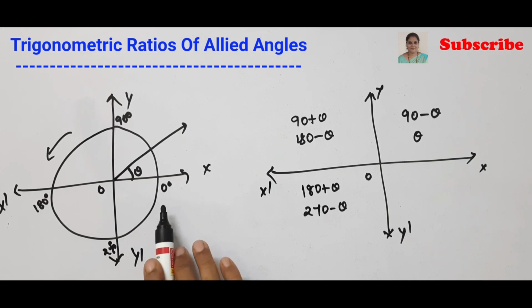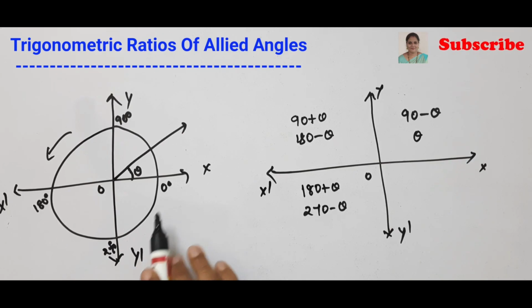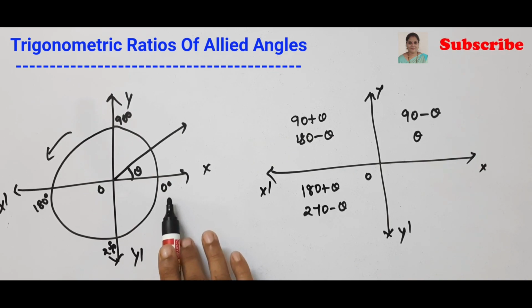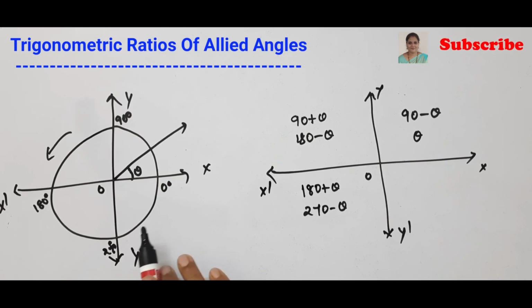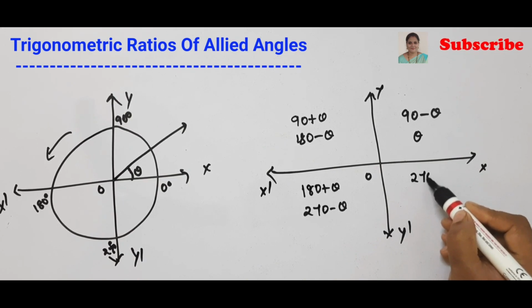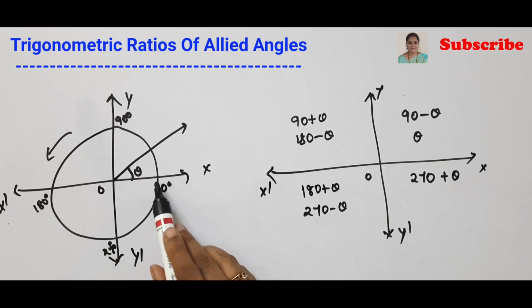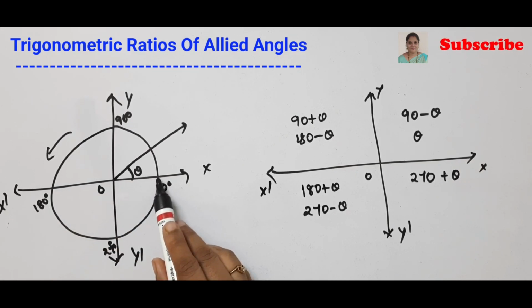If the terminal ray reaches here, the angles will be more than 270 and less than 360 degrees. So here the angles will be of the form 270 plus theta, or one complete circle. If we complete one circle, it becomes 360 degrees.